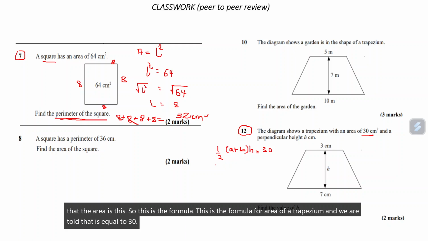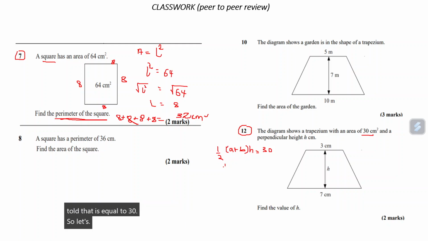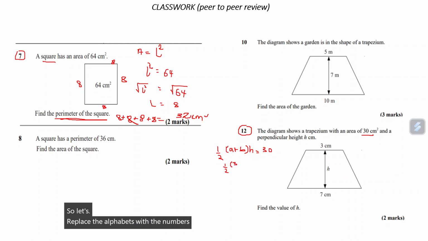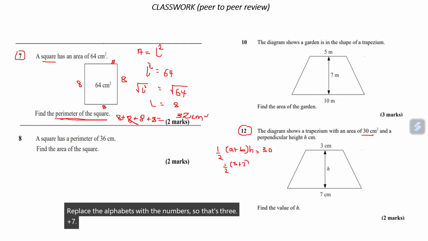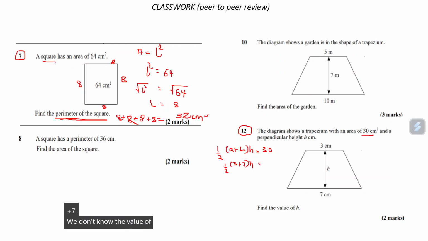So let's replace the alphabets with the numbers. That's half times 3 plus 7 times h, equal to 30.